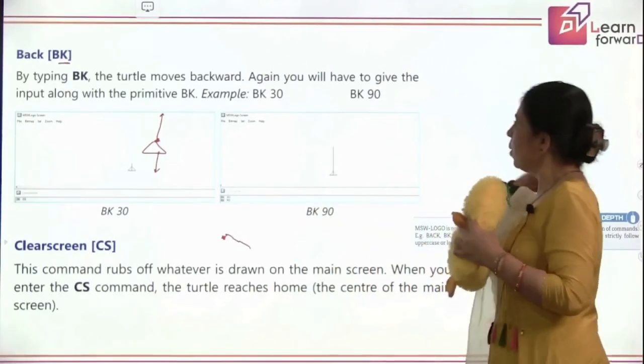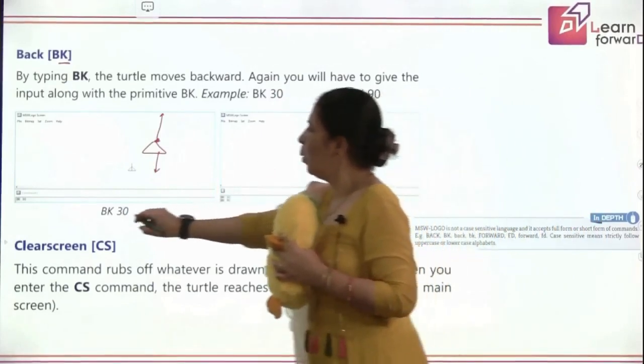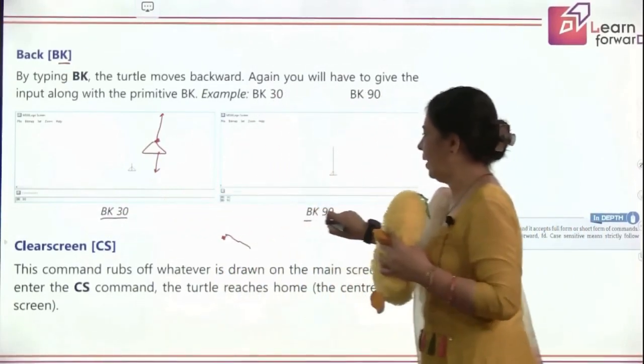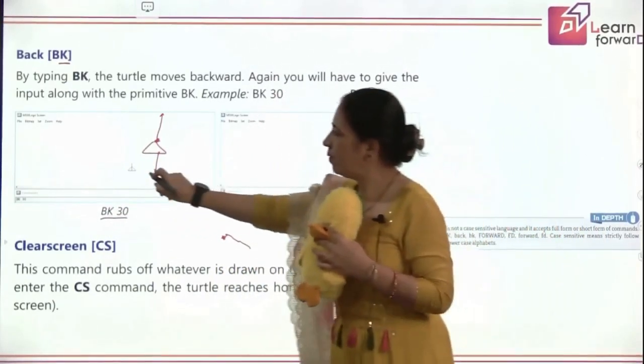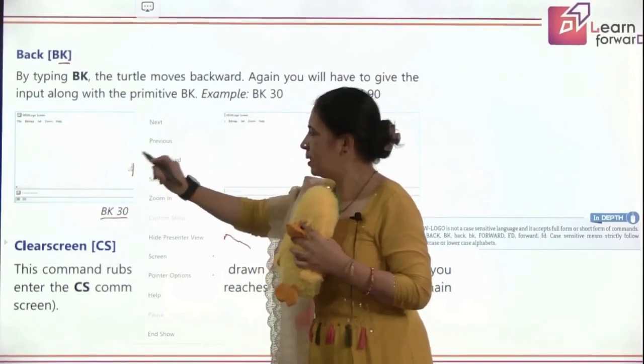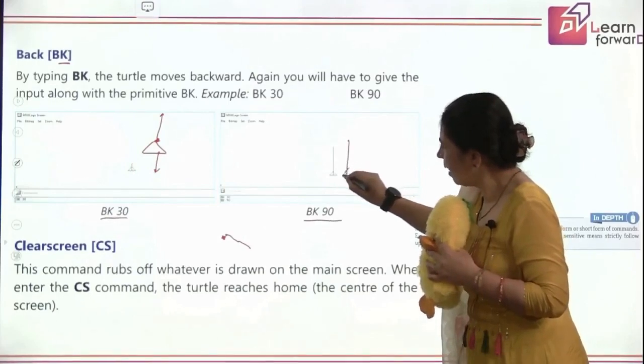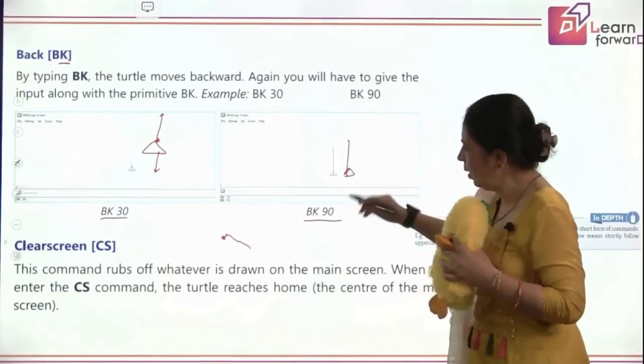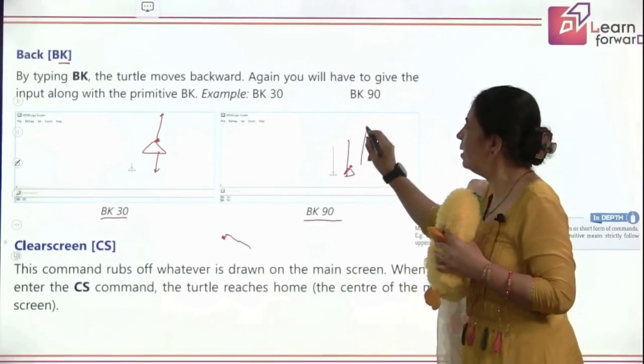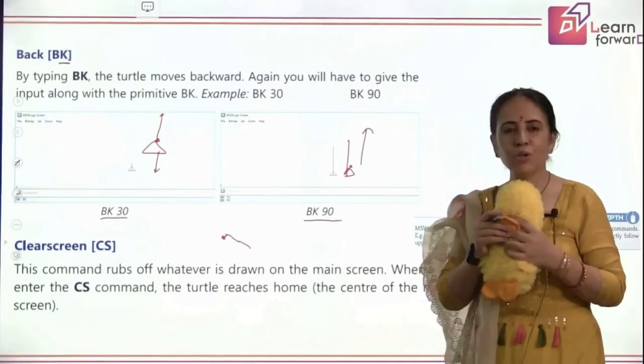Okay. So here I've given two commands. One is BK30, BK90. You could see when I have given BK30, it's moving a little bit in the backward direction. But when I give BK90, it's coming a bit more down, but the head remains in the same direction. Understood?